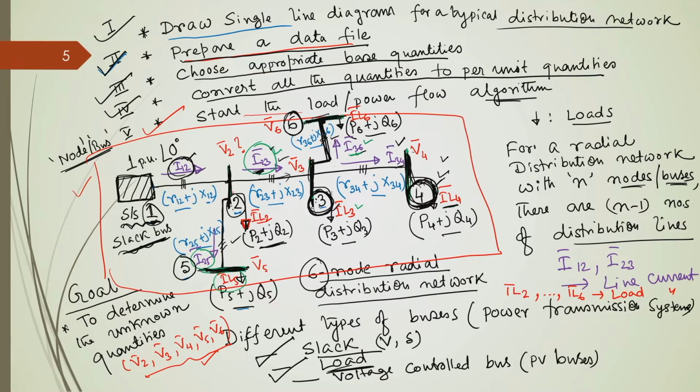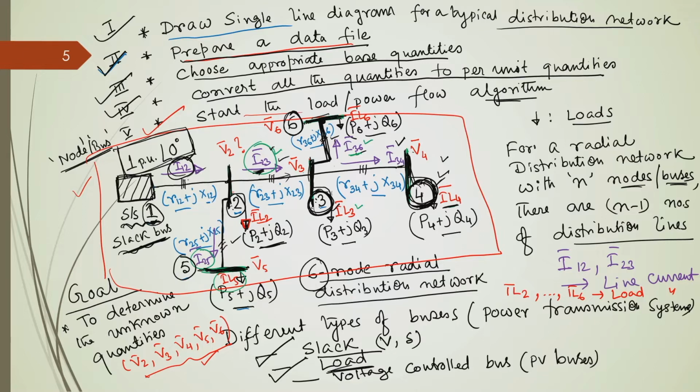So, I know the voltage at the substation bus, and at no other nodes is the voltage specified. Since the substation voltage is specified, we can start the computation of the voltage from the line connecting the substation to the other node.